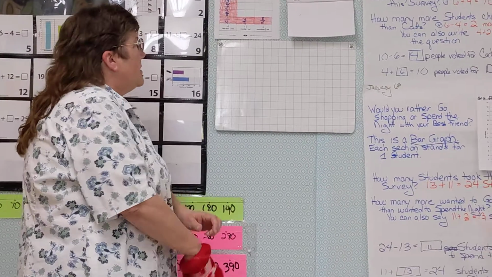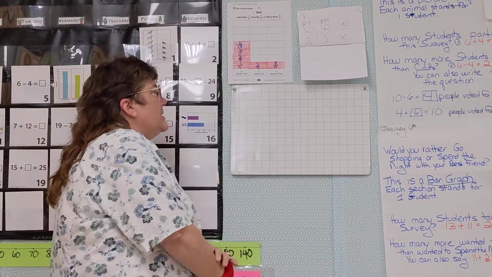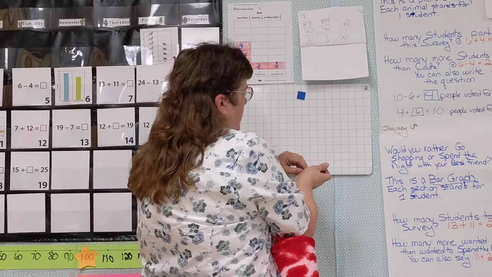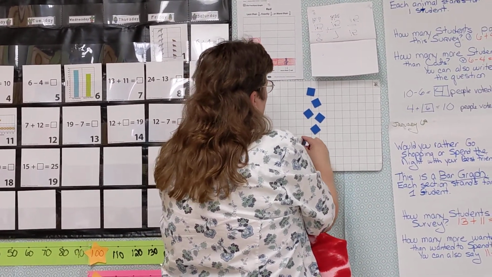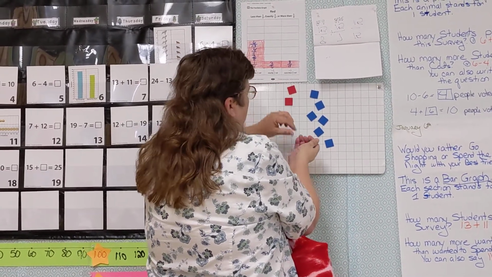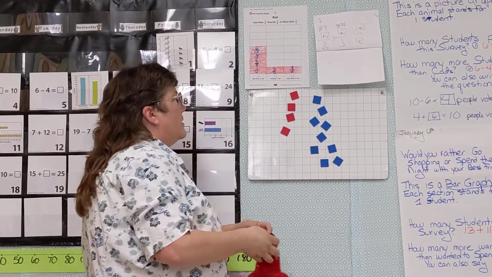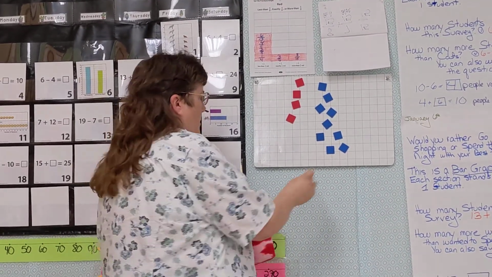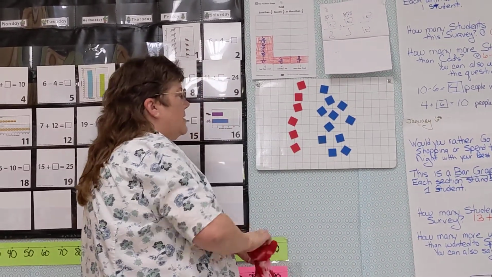Oh my goodness. So far we've had less red in most of the days. Let's see what we have today. 1, 2, 3, 4, 5, 6, 7, 8, 9, 10, 11, 12, 13, 14, 15, 16, 17.